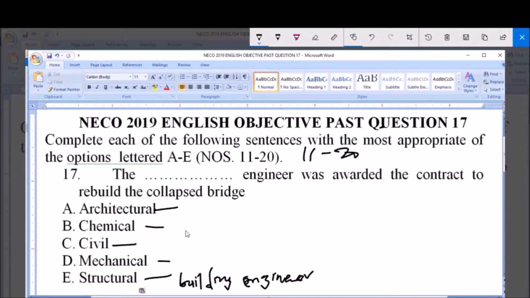Then when we talk of mechanical, it has to do with motor or moving electronic engineer.